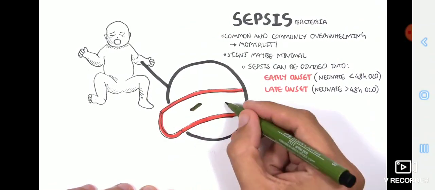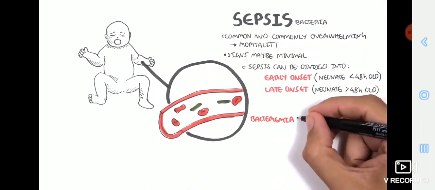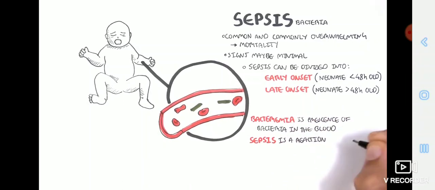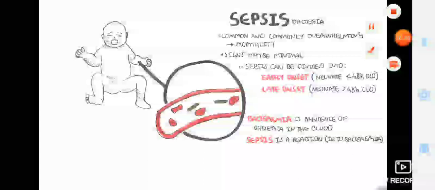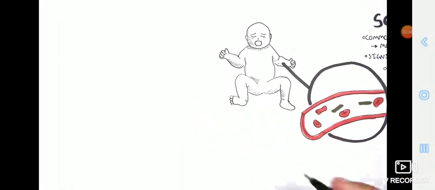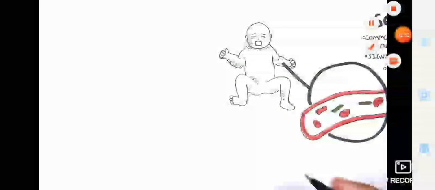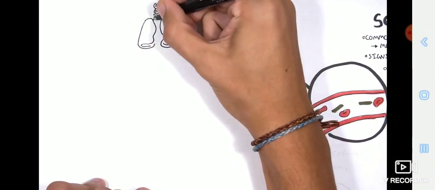Sepsis is often confused with bacteremia. Now, bacteremia is defined as the presence of bacteria in the blood, whereas sepsis is the response to the bacteria, which includes vasodilation, causing hypotension, and tachycardia to compensate and to maintain cardiac output. Sepsis is usually secondary to a bacterial infection somewhere in the body.